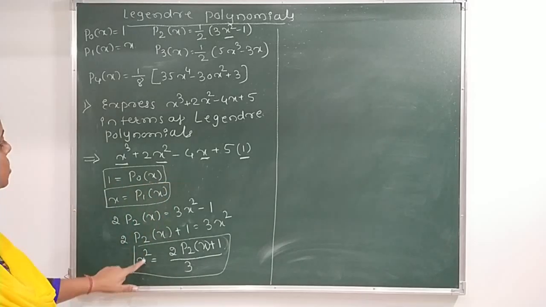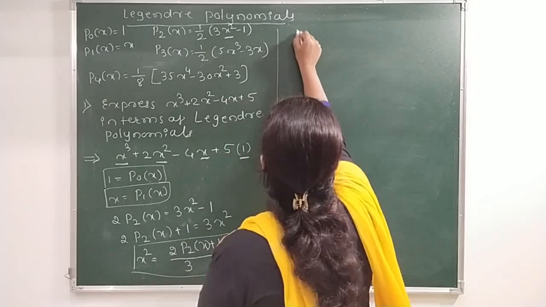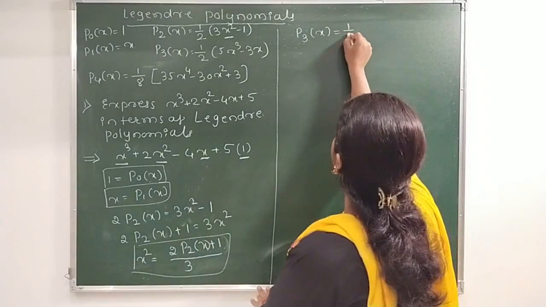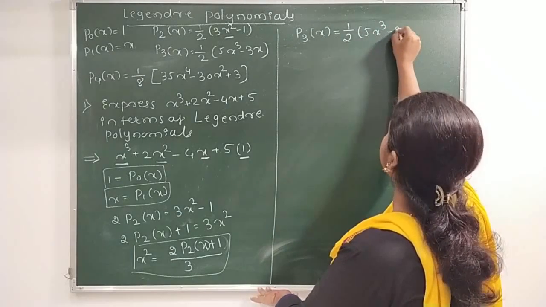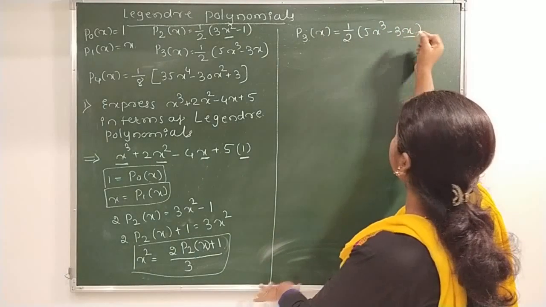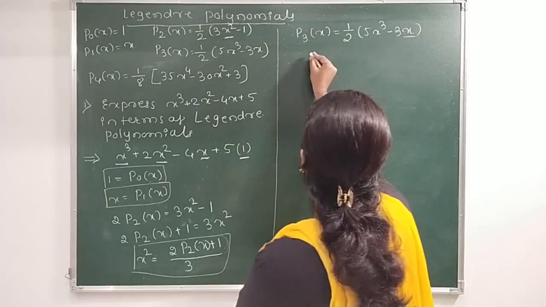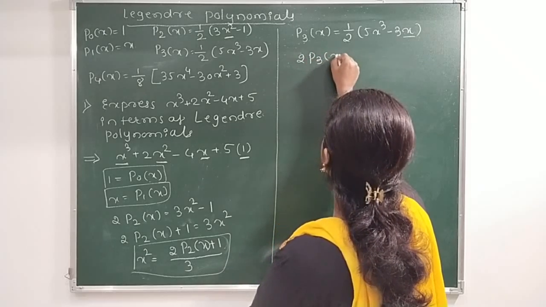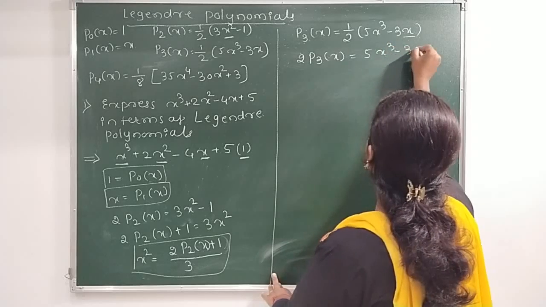After getting the x square, we have to rearrange for the x cube. x cube we will get from P3 of x is equal to 1 by 2 (5x cube minus 3x). As already we know the x value also, first we have to simplify the x cube term. 2P3 of x is equal to 5x cube minus 3x.